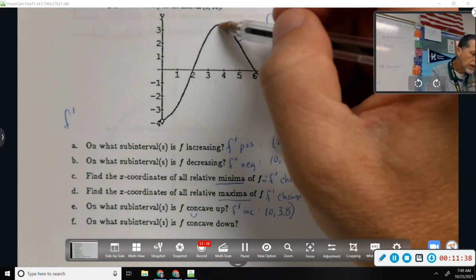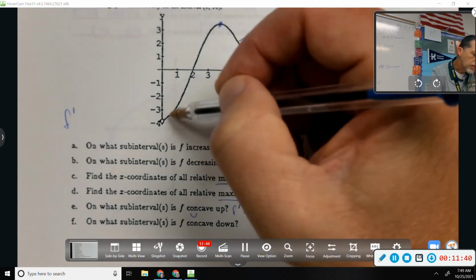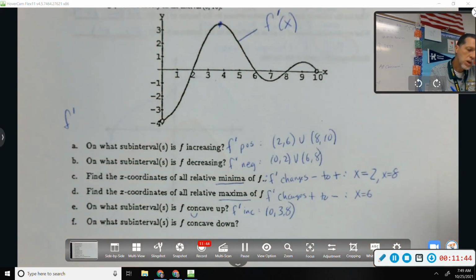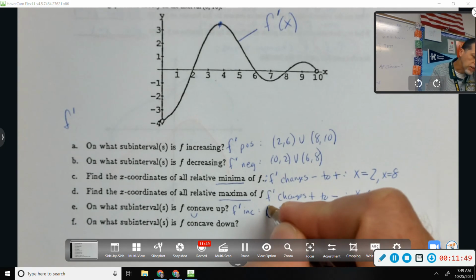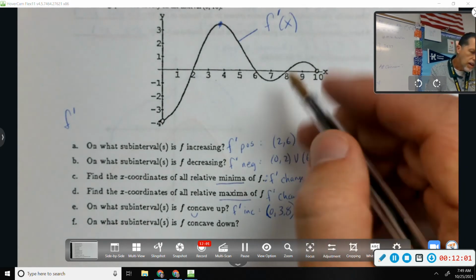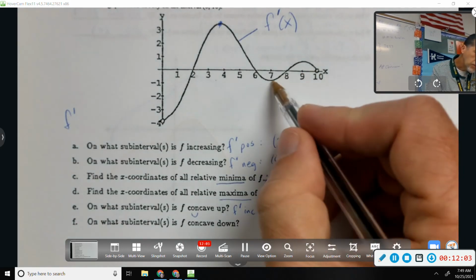Somewhere in there, f prime changes from increasing to decreasing. I definitely do not want to include 0 in that. In fact, for increasing, decreasing, and concavity, generally you don't want to include any of the endpoints. And then again, f prime is increasing from 7 to 9.